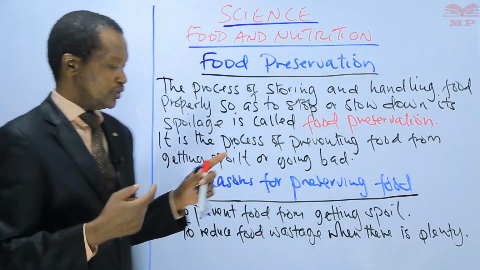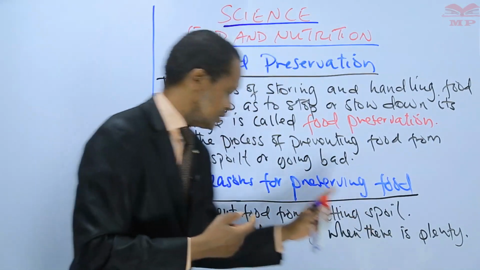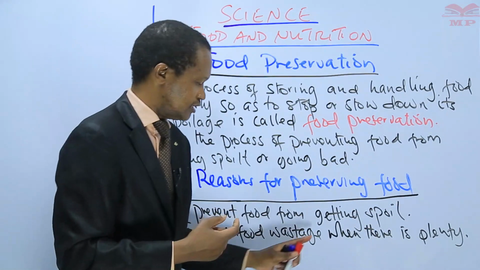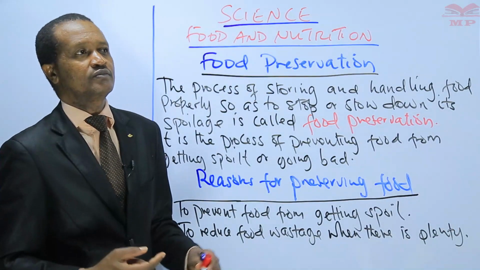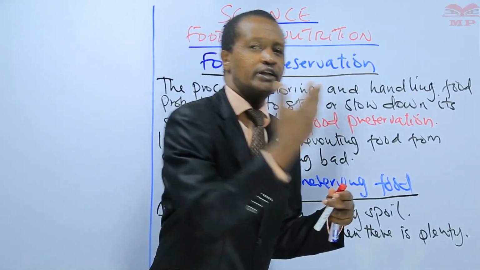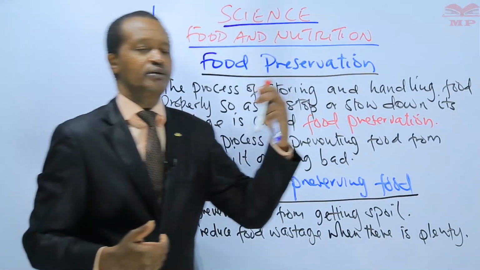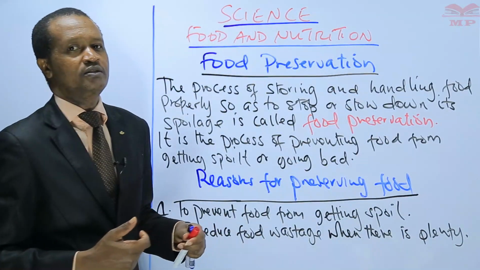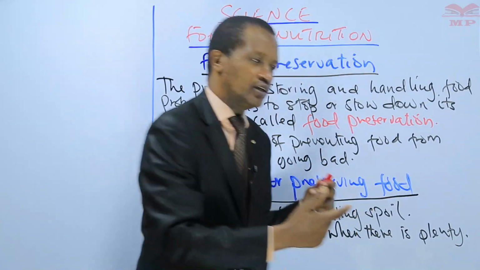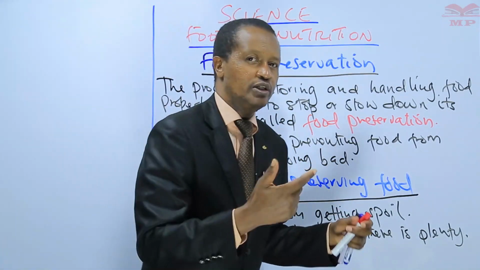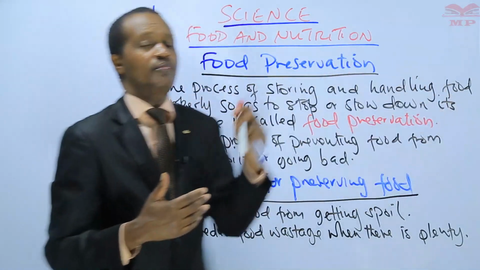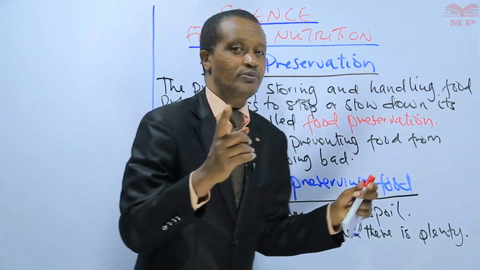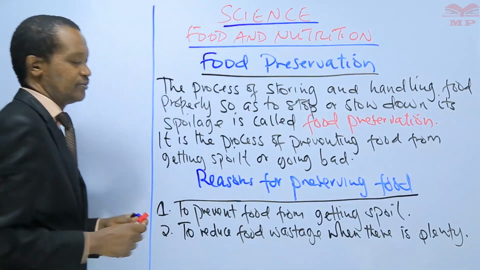So we preserve food to reduce food wastage when there is plenty. It may also be like, say, grains. When you harvest beans, one way is just to dry the beans so that they can stay longer. But if you don't dry the beans, they may spoil within a very short time.